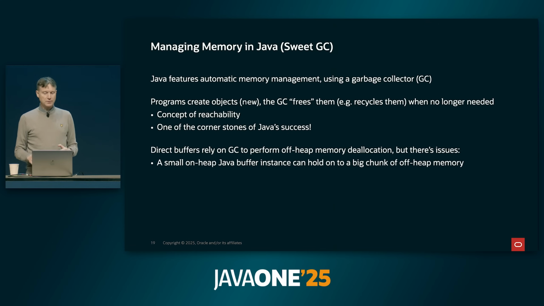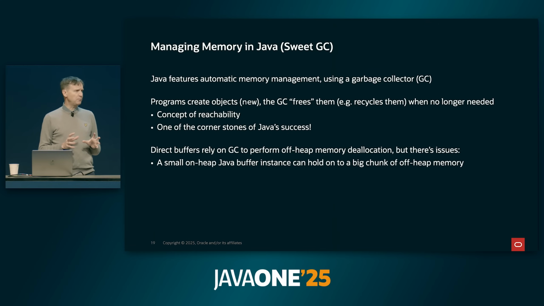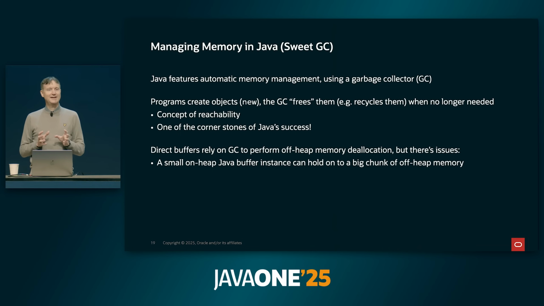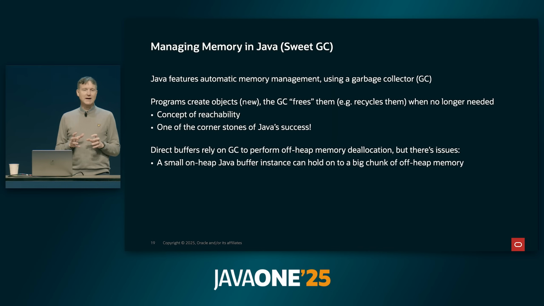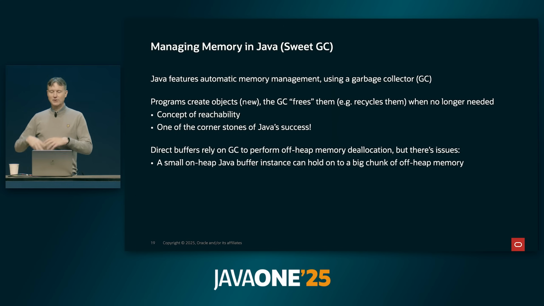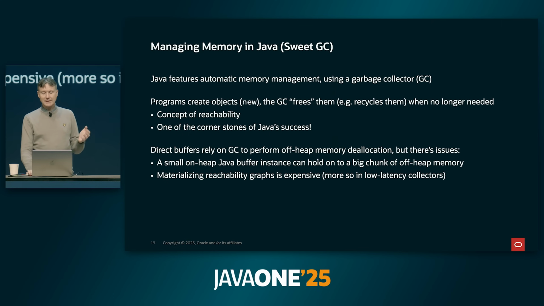But there was an issue. A direct buffer might be very small in terms of how many bytes the actual object constitutes, but it might hold a reference to like a gigabyte of memory. So it's tricky to find these and prioritize cleaning them up.